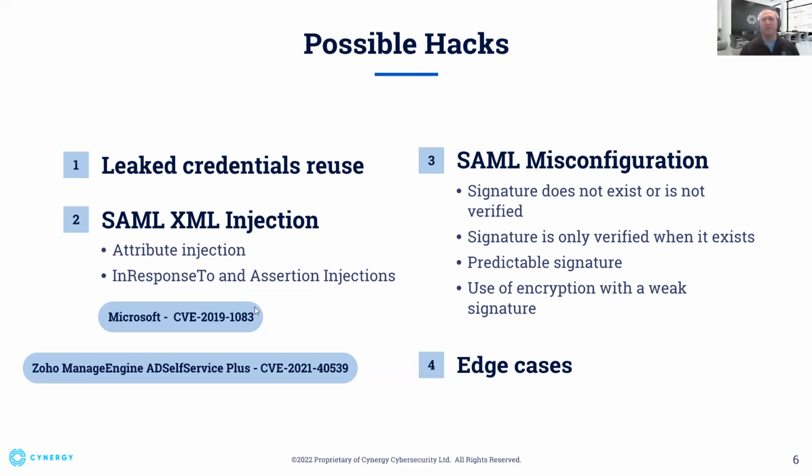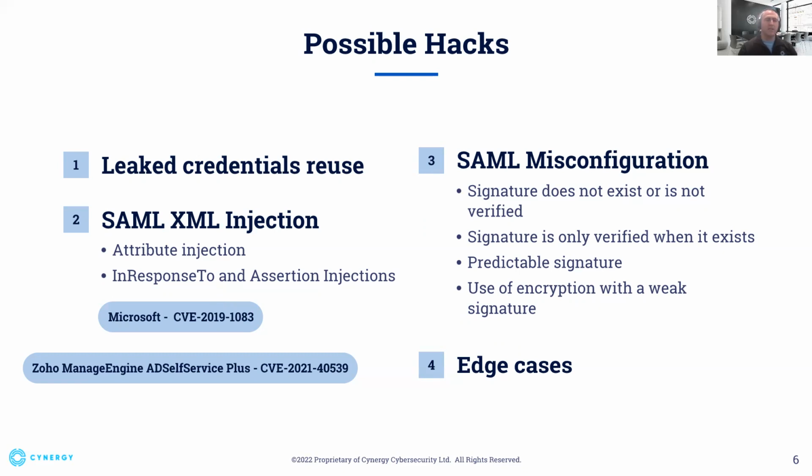The second hack that is possible is a group of hacks, which is called the SAML XML injection, where there are two types of possible injections.